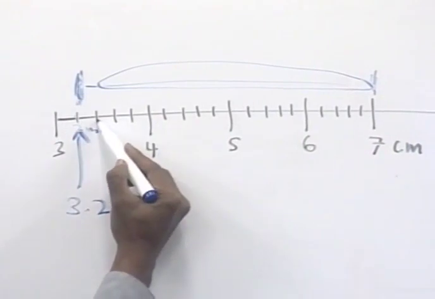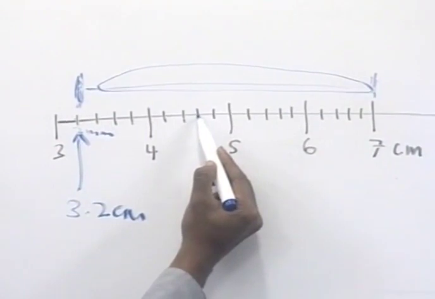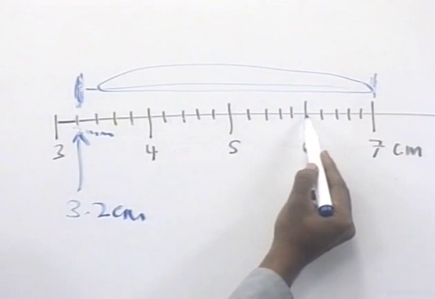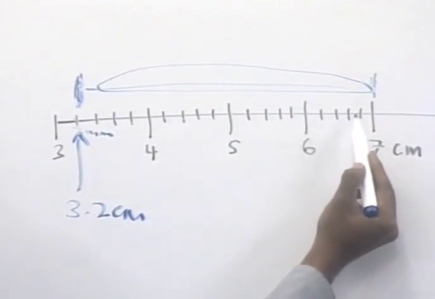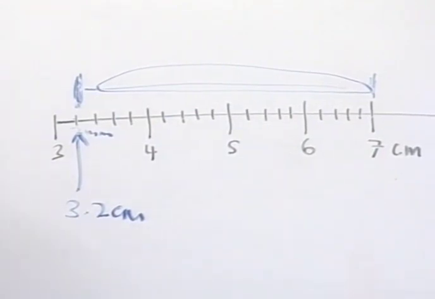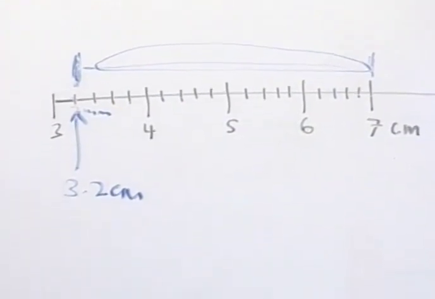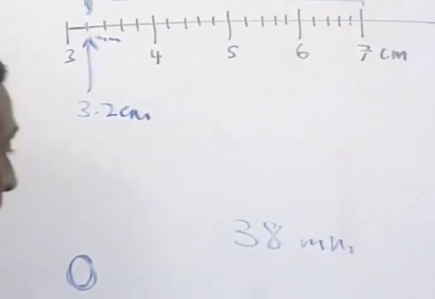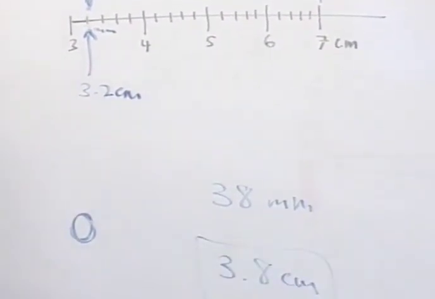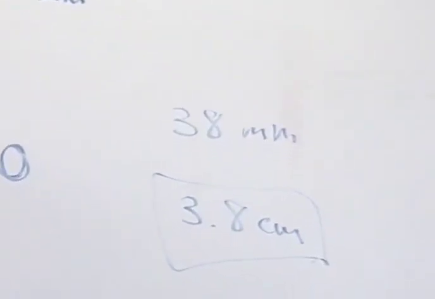So that means we have 2, 4, 6, 8, 10, 12, 14, 16, 18, 20, 22, 24, 26, 28, 30, 32, 34, 36, 38. 38 what? Millimeters. In centimeter, this will be 3.8 centimeter. So our correct answer is 3.8 centimeter, which is not given in the answer.